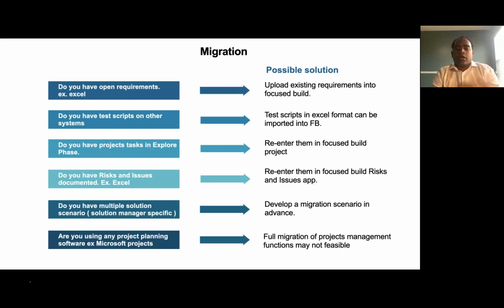In the explore phase, you have tasks like preparatory tasks, but in the realization phase, you have more change documents. So there's a big advantage in putting this in the Focused Build project plan, because there's a lot of reporting, like the solution readiness dashboard, and it's also very convenient with the My Tasks app in Fiori, where a person will be able to update the task status by themselves.